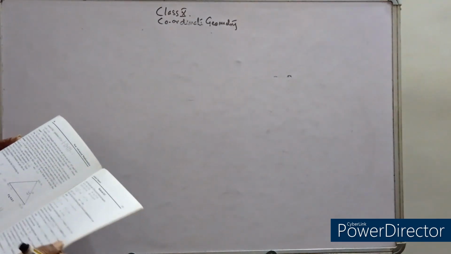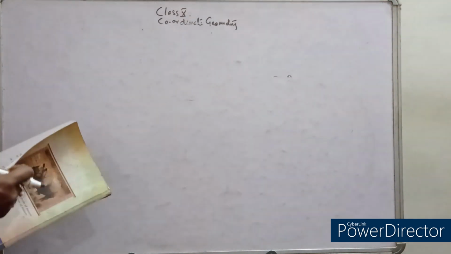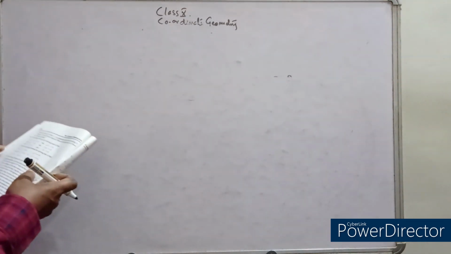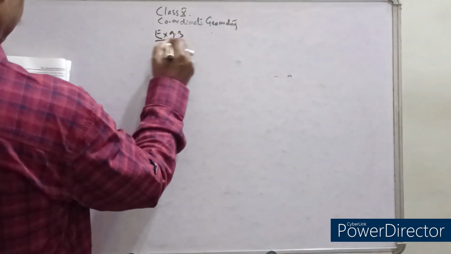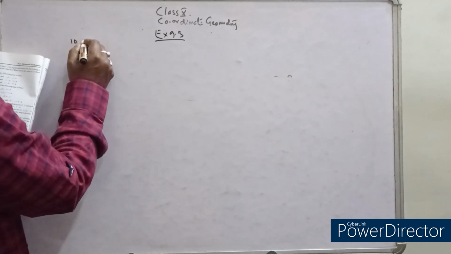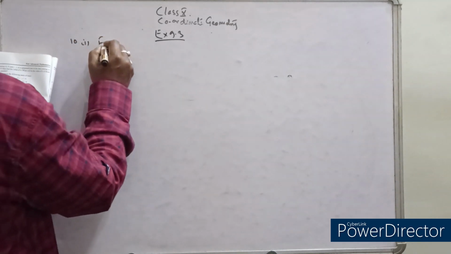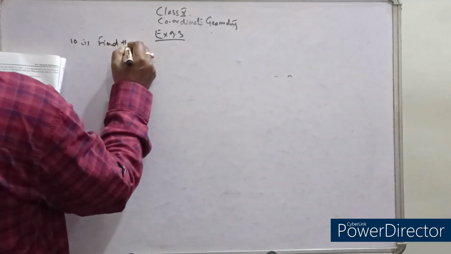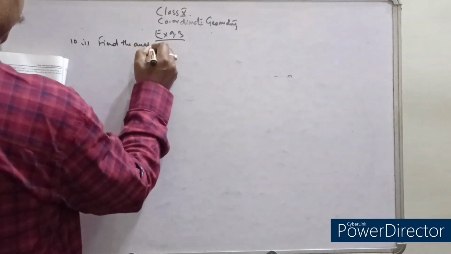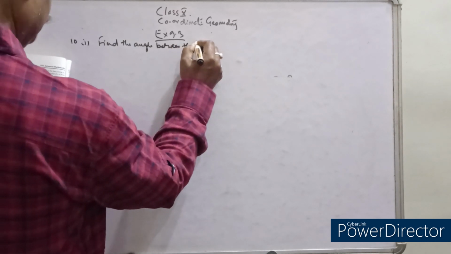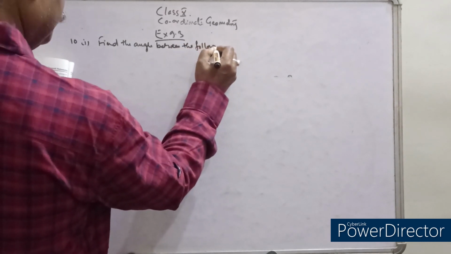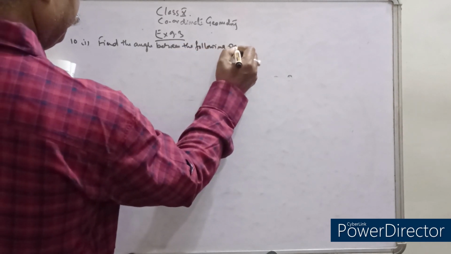This is exercise 9.3, question number 10. It has been asked to find the angle between the following pairs of lines.